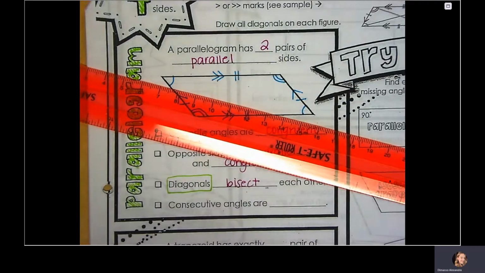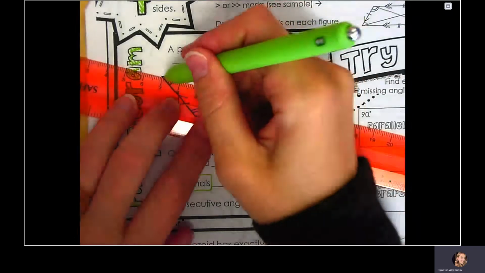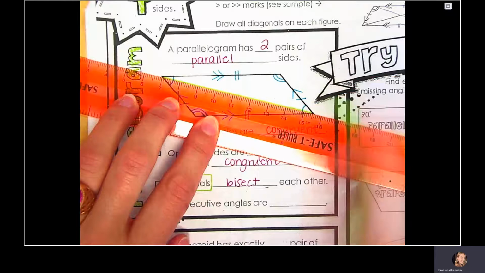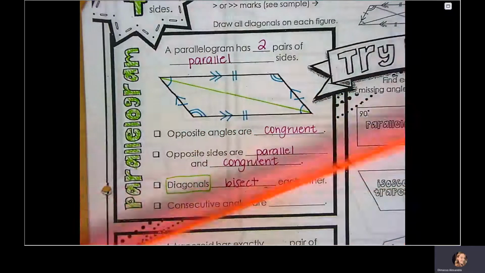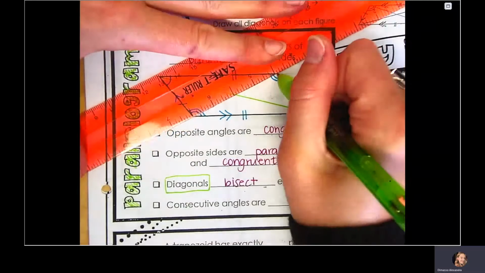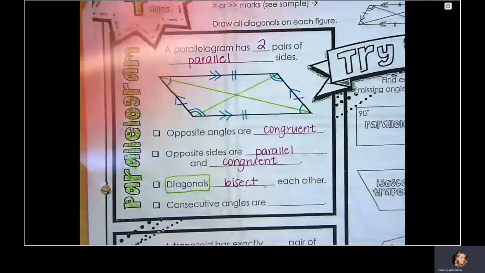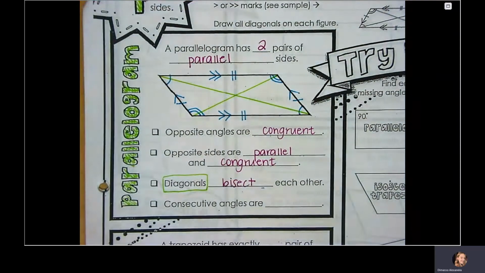From one vertex to the opposite vertex, that's one diagonal, and then the same going the opposite way. It doesn't have to be perfect, but get it as close as you can.